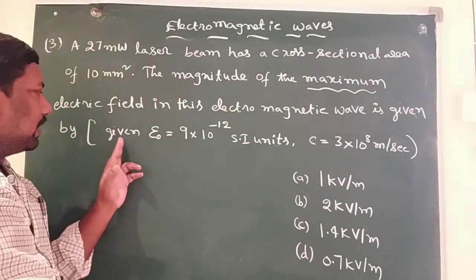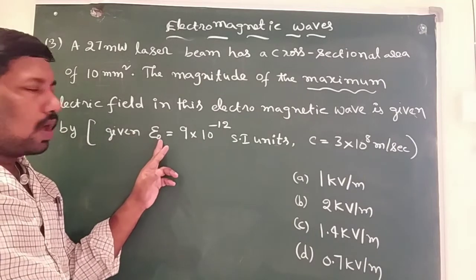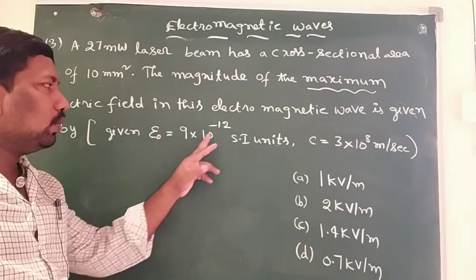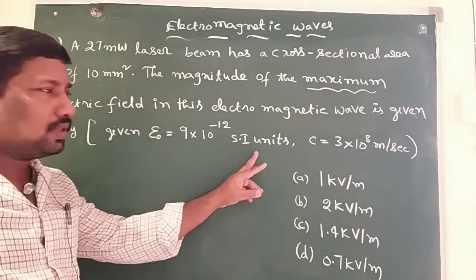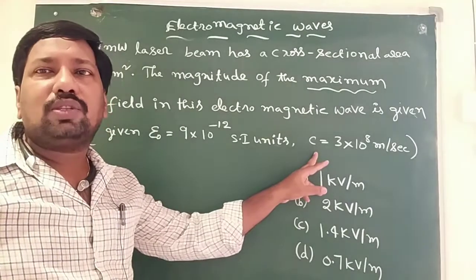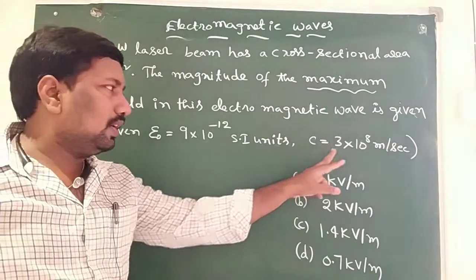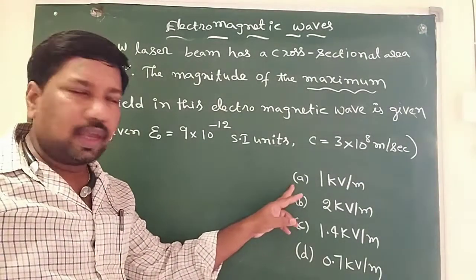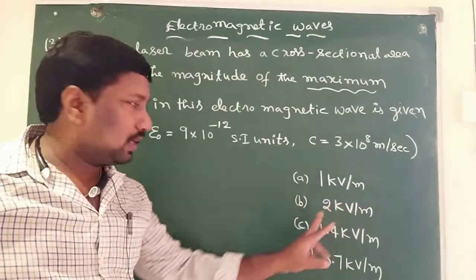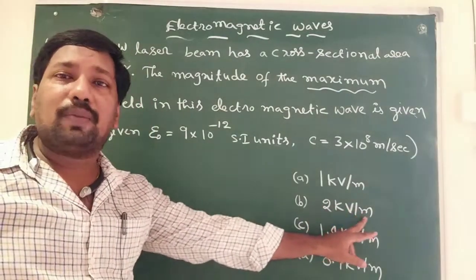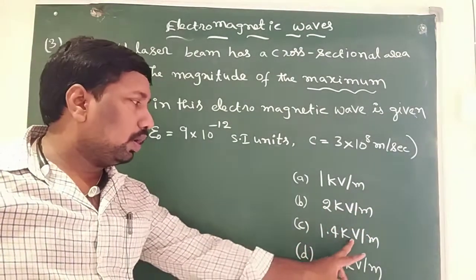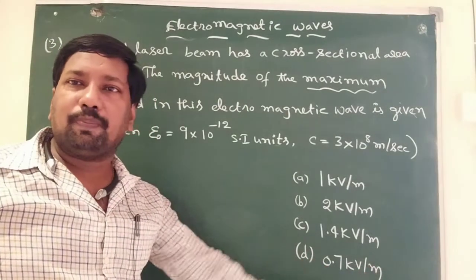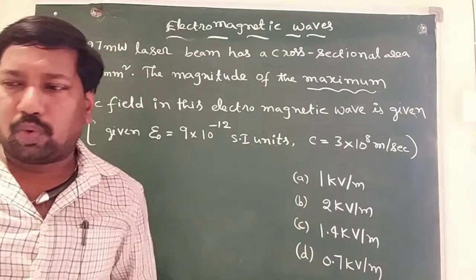Given epsilon naught, that means permittivity of free space, is 9 into 10 power minus 12 SI units, and C is the velocity of light in vacuum, 3 into 10 power 8 meter per second. The options are A 1 kilovolt per meter, B 2 kilovolt per meter, C 1.4 kilovolt per meter, and D 0.7 kilovolt per meter. So now you can solve this problem.